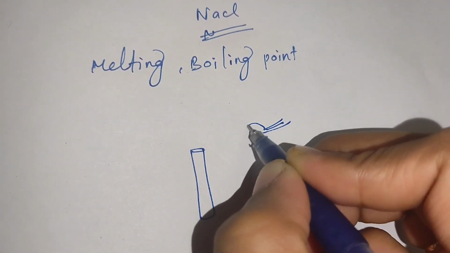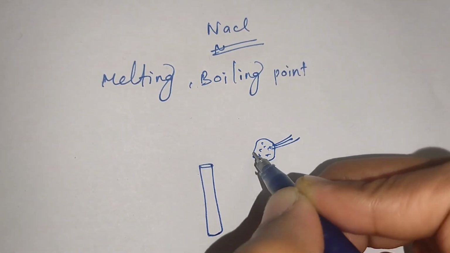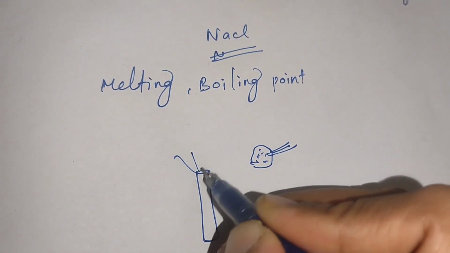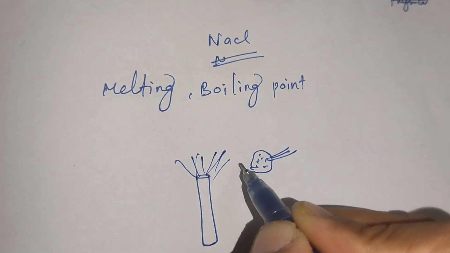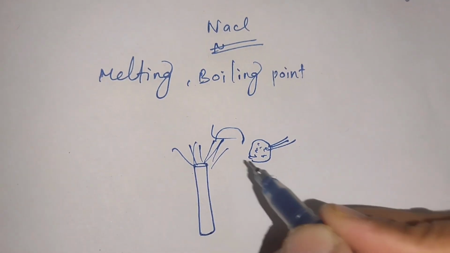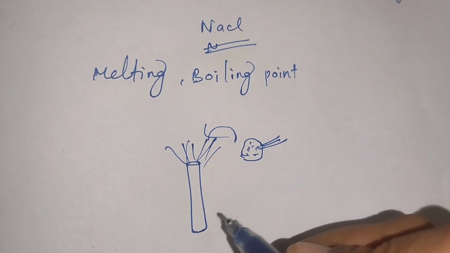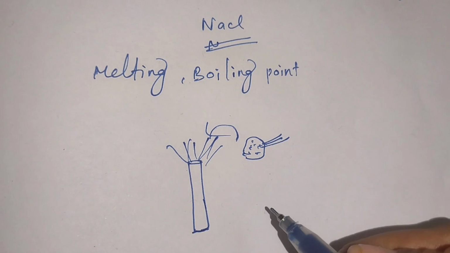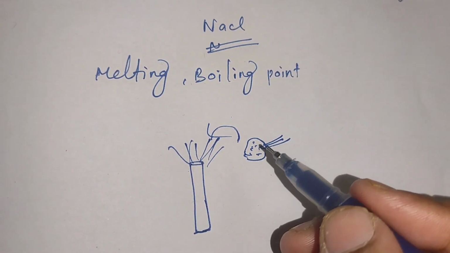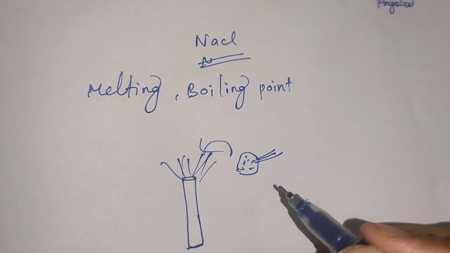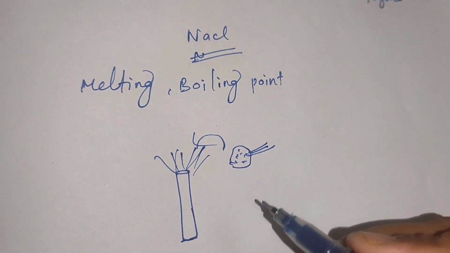I'm taking some amount of sodium chloride in a spatula. Then I am taking that sodium chloride near the flame, and I wait for a few minutes. When the sodium chloride starts to boil or melt, okay, then I record the Kelvin temperature.